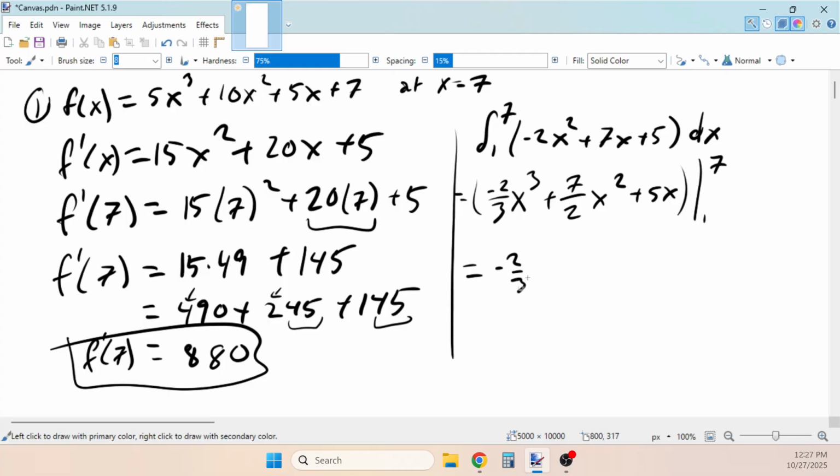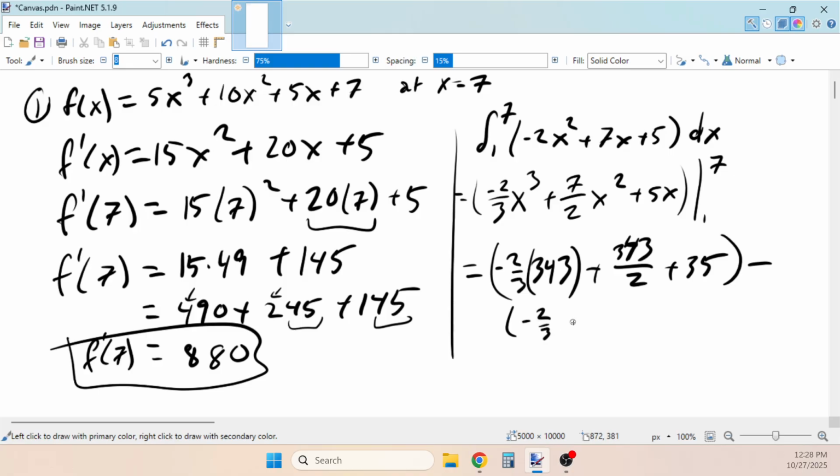Negative 2/3 of 7 cubed. 7 times 7, 49, times 7, and subtract. Half of 5.